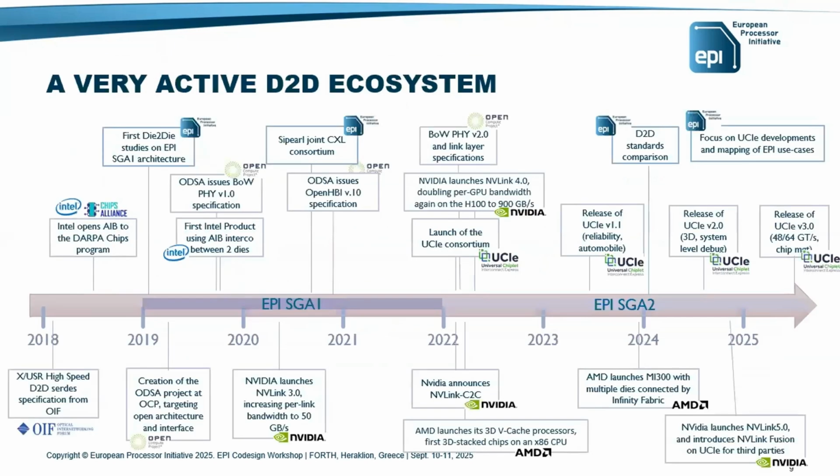Just to illustrate this moving landscape of die-to-die interfaces and hardware common platforms. At the very beginning, there was the ultra short reach. Before EPI, there were existing interfaces based on SerDes, and then major players had their own releases of interfaces.